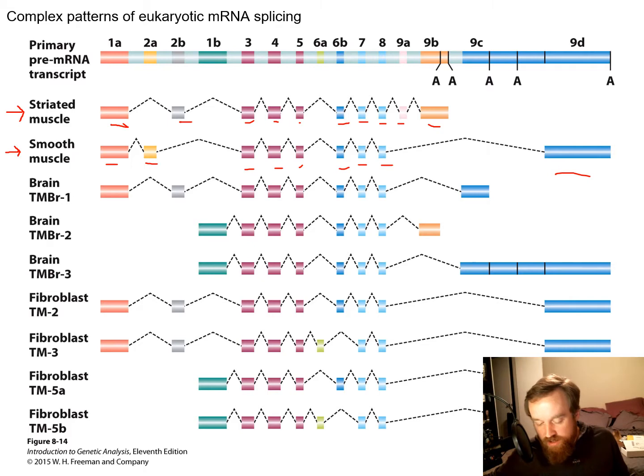And this can be very vast in the roles of these. So the first two examples are muscle, but if we look down at this fifth example down here, if we incorporate exons 1b, 3, 4, 5, 6b, 7, 8, 9c, and 9d, we have a protein that is a constituent of brain tissue.